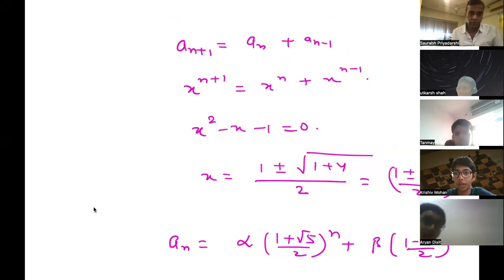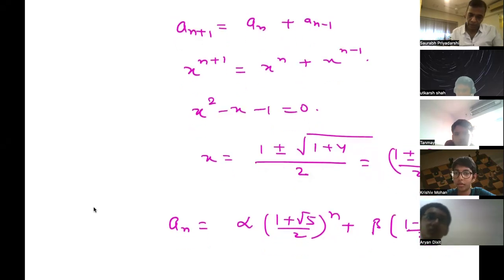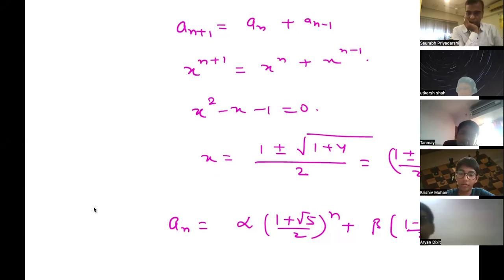So we need to find alpha and beta. We will find their values with the help of A1 and A2. We just have to substitute the values, and then you will get alpha and beta.